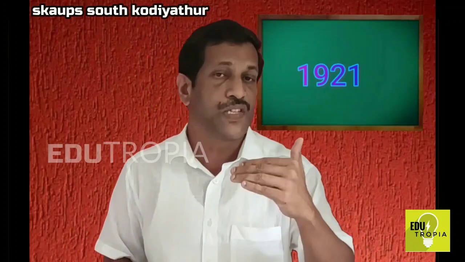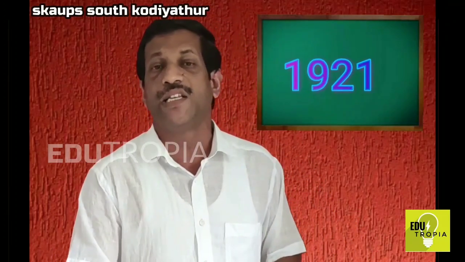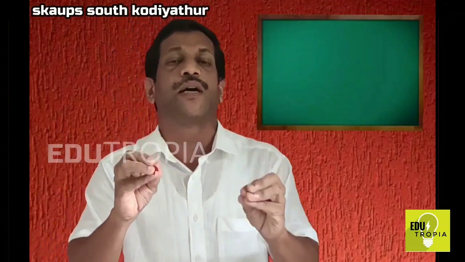When did the Mappila revolt happen? It happened in 1921. So we understood that the freedom struggle and the Malabar revolt are some events to count the age of our ancestors or forefathers.